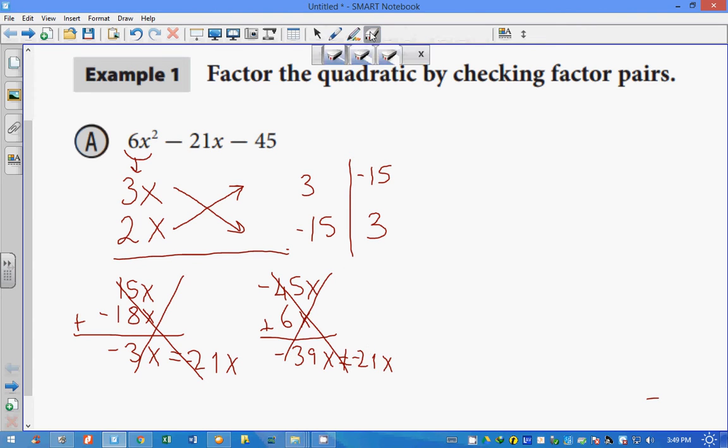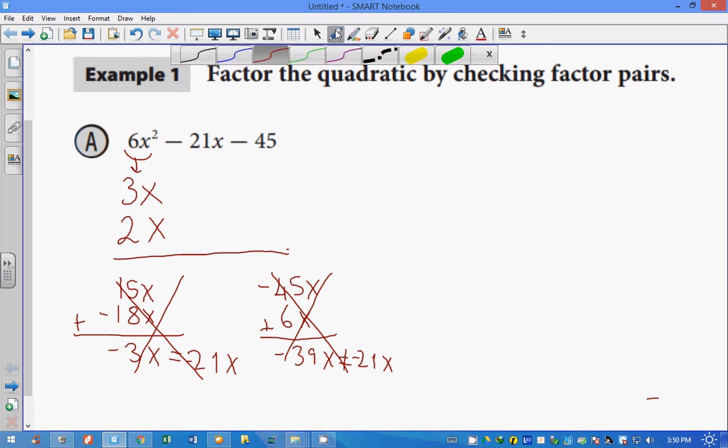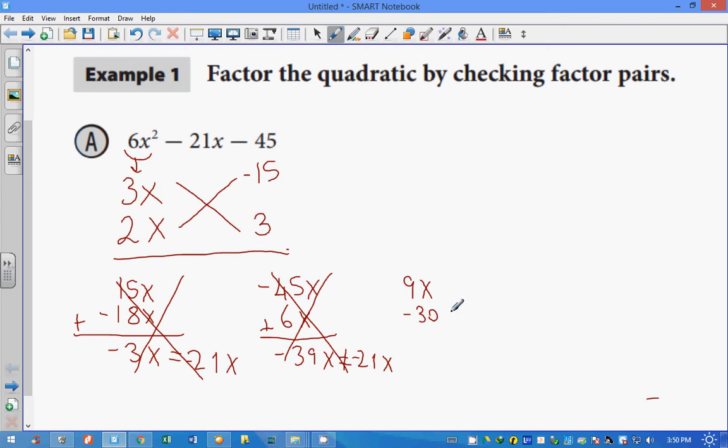The last one that we are going to try, negative 15 and positive 3. So let's try this. Negative 15 and positive 3. Let's make a cross multiplication. 3 times 3, 9x. And 2 times negative 15 is negative 30x.